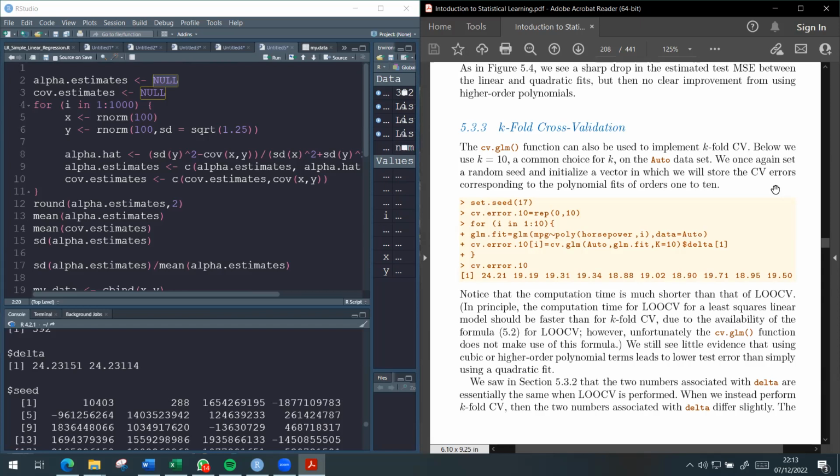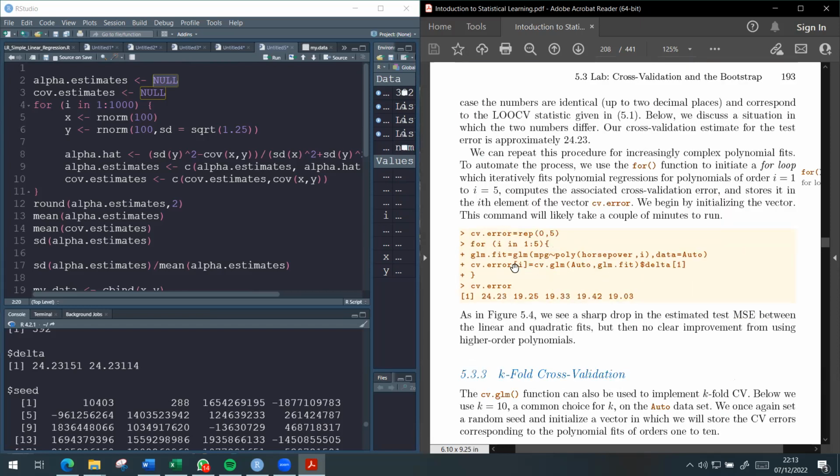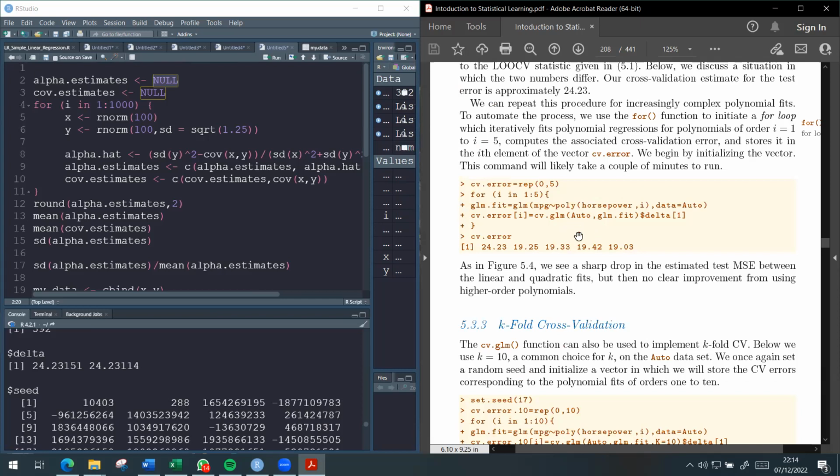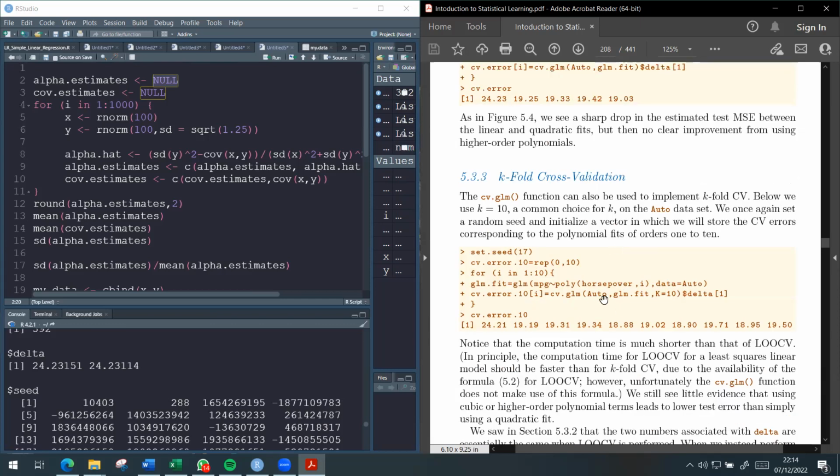Then you leave out the next 10% of the data and you repeat. Now, how do we do this? Because it's still the same command, isn't it? It is cv.glm, right? But now you specify not only auto and glm fit, but you say K equals 10.